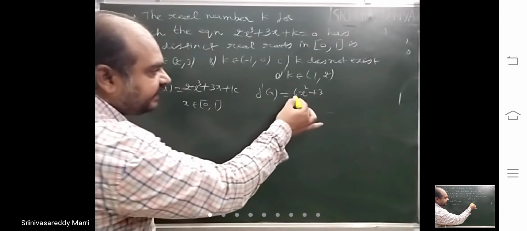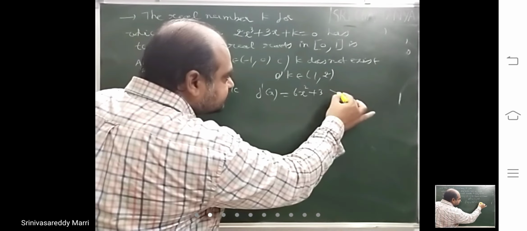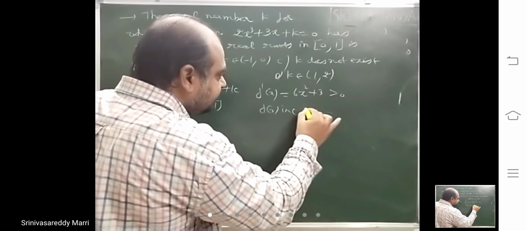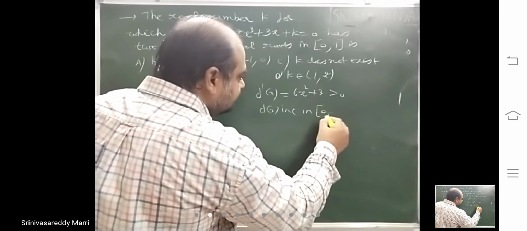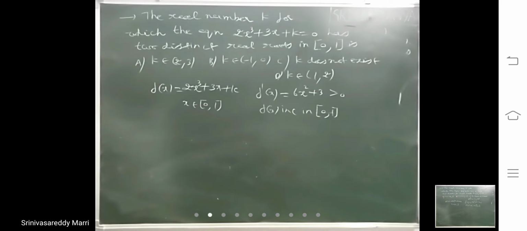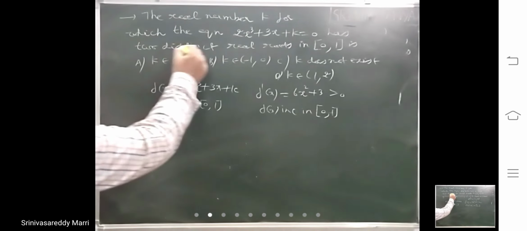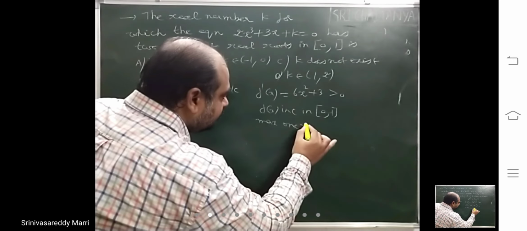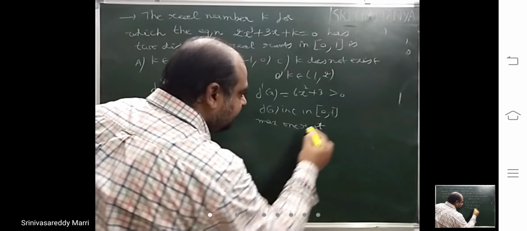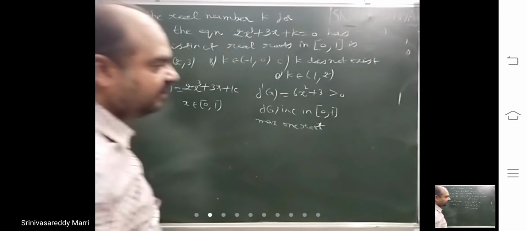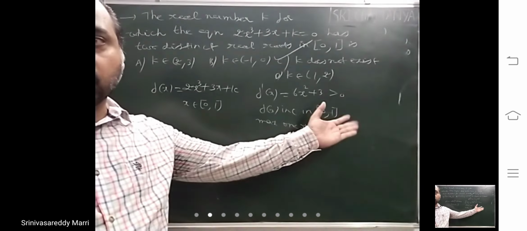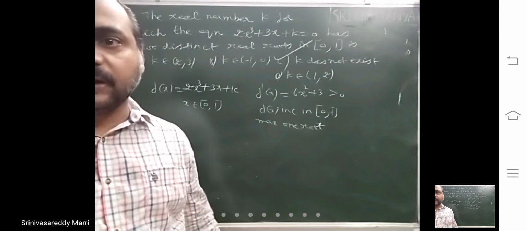Clearly this is positive, so f of x increases in 0, 1. If it is increasing, there won't be any two real roots. Maximum one root only. Then how can it be two real roots? C, that is the answer. Because increasing means you won't get any two roots. 0 or 1 you will get.